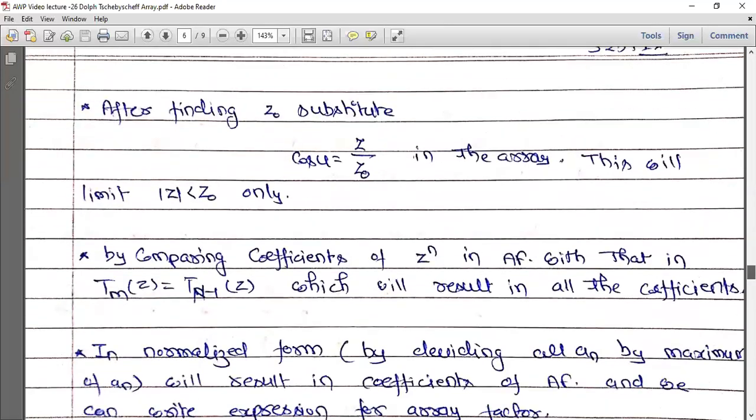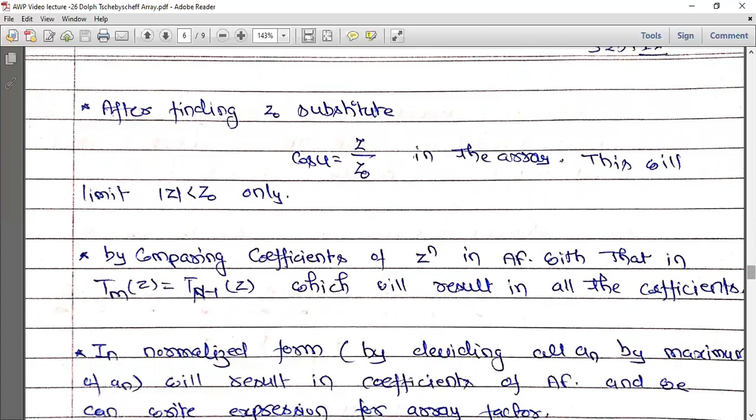After finding z0, instead of substituting cos u equals z in the expression for the array factor, we substitute cos u equals z by z0. Why is it so? Later, when we solve the numerical, we will find that this makes the Chebyshev polynomial bounded in the range plus 1 to minus 1. So it is some sort of normalization.